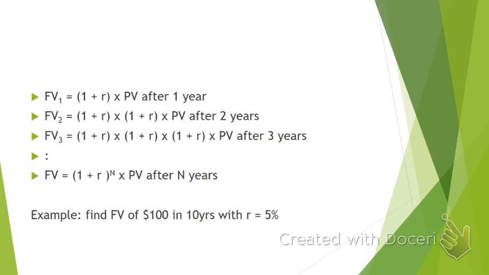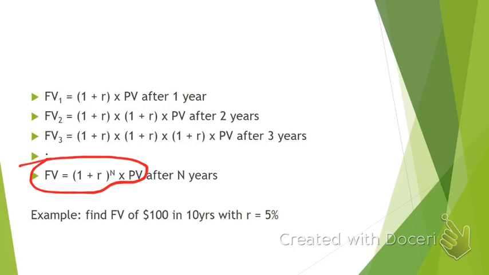So that continues on, so we end up with the equation future value equals 1 plus the interest rate as a decimal, with the exponent being the number of years that you're compounding the interest, times present value. So that's the key equation. You need to know future value equals that.